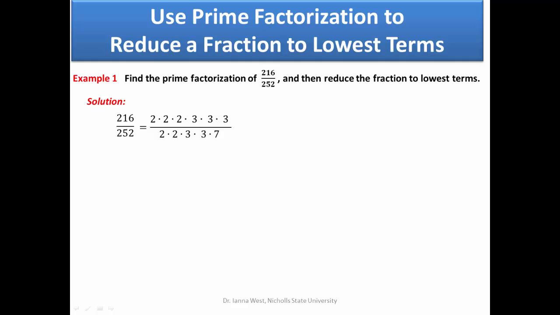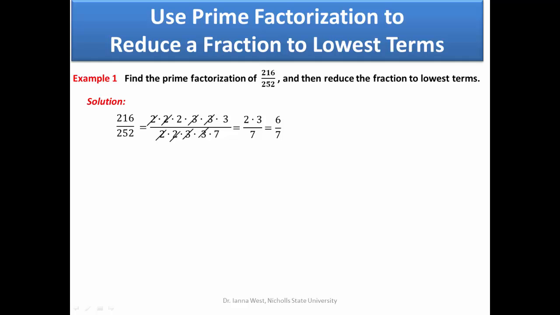We now cancel the common terms. In the numerator and the denominator, we have two 2's in common. We also have two 3's in common. We are left with 2 times 3 over 7, which equals 6/7.